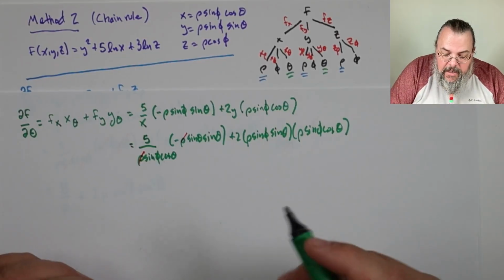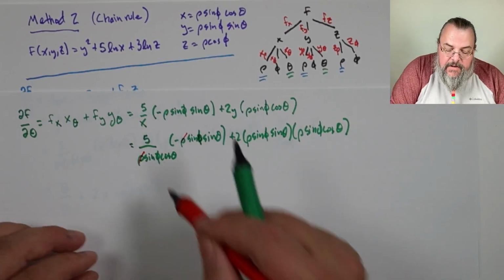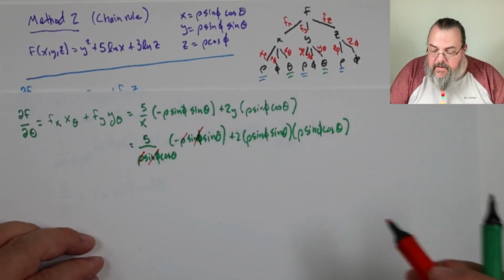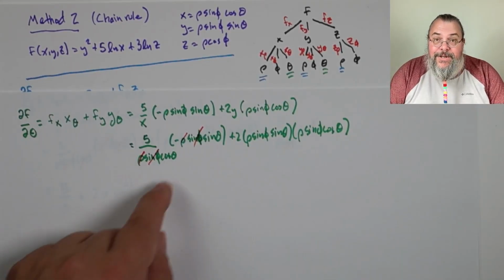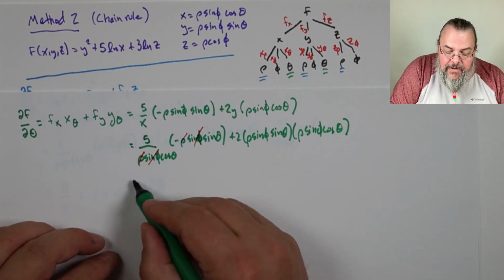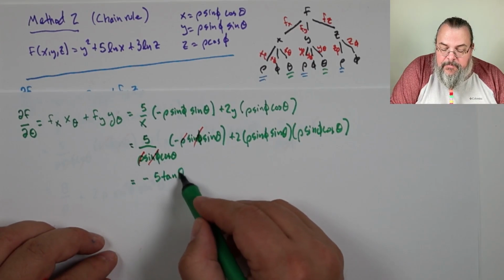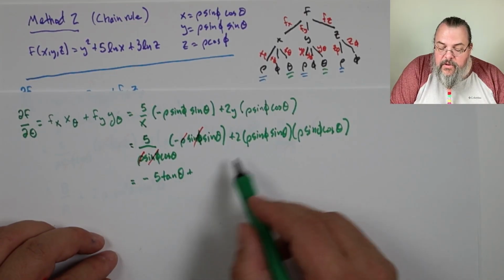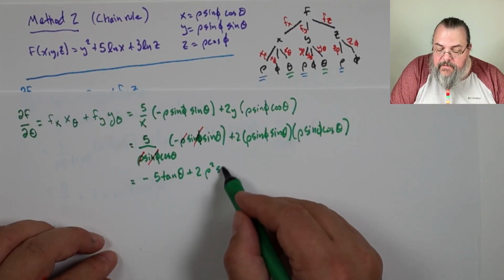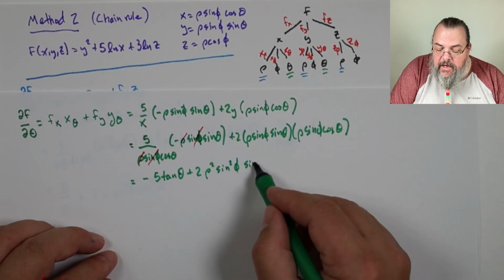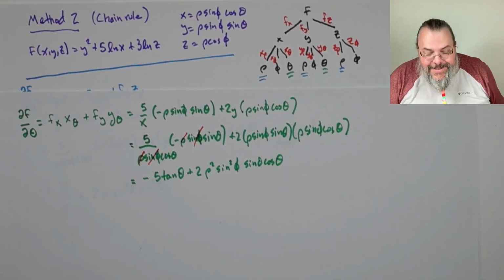Oh, whoops, I wrote this down wrong. That's a phi. The sine phi's cancel. And yeah, that's it for cancellation, but some is better than none. Sine over cosine is tangent, giving us minus 5 tangent theta plus 2 rho squared, and then sine squared phi, sine theta, cosine theta.